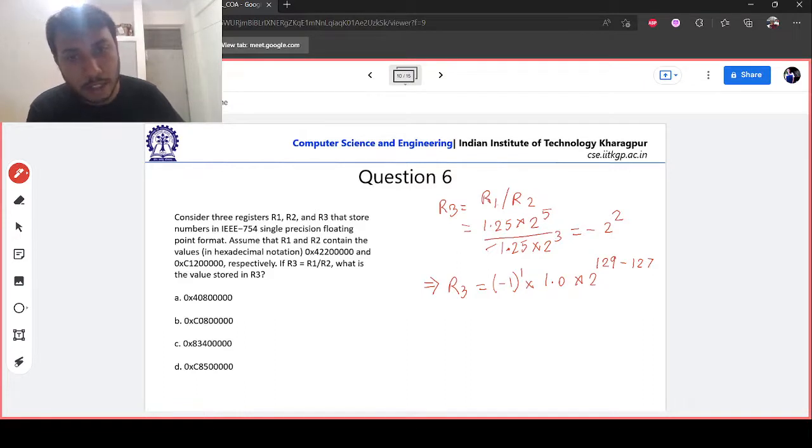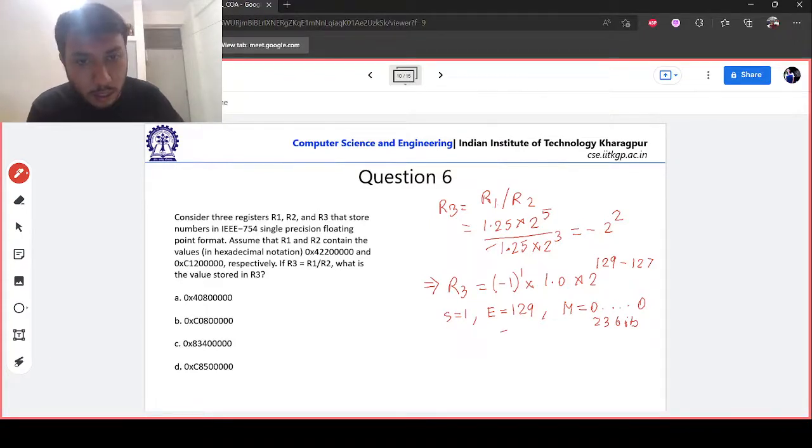So what is the value of corresponding M we are getting? S value is 1. E is equal to 129 and mantissa is 0, 23 bits.